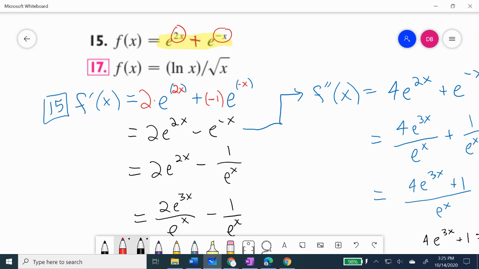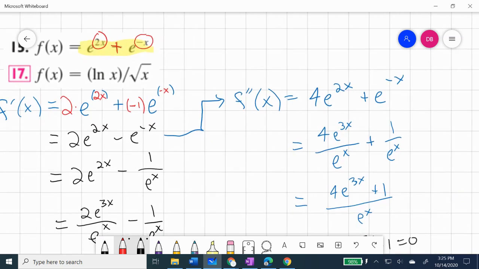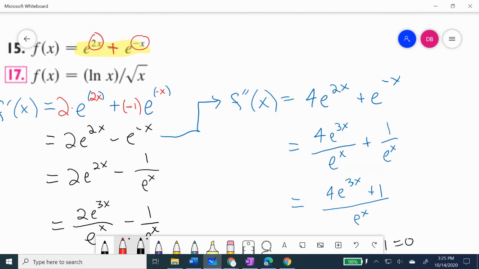Now, from here, I took the second derivative, and then I'll go back over and go through the simplification. But it's good to take that second derivative while you're in the rhythm of this particular function, because you should see that if you take the derivative again of e to the 2x, you're just going to get again 2 times e to the 2x.